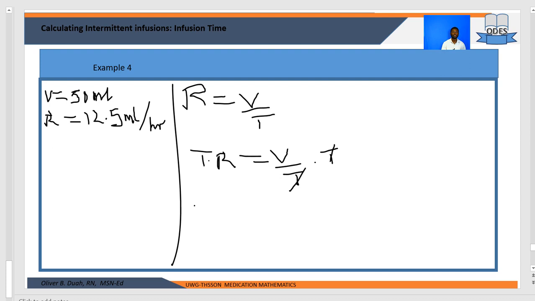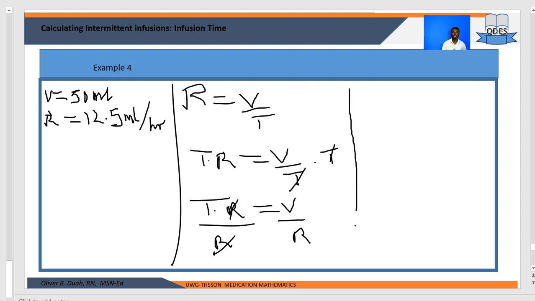So to find time, we have to divide each side by the rate. So rate will cancel rate on this side, and now we have time is equal to volume divided by the rate.